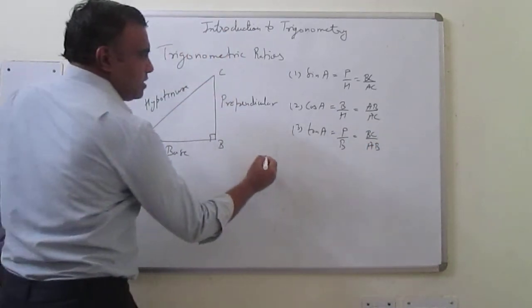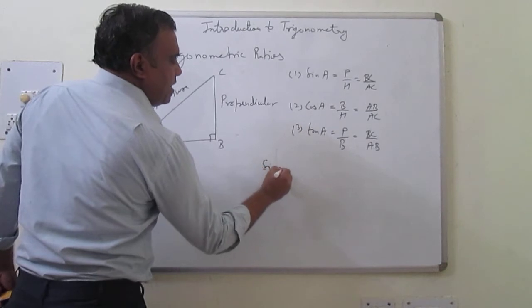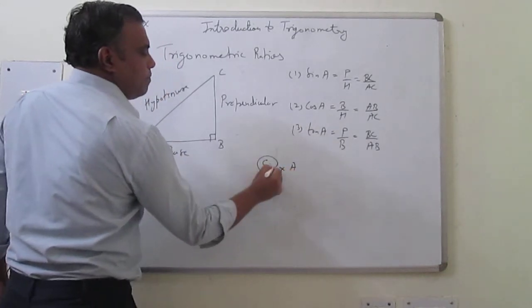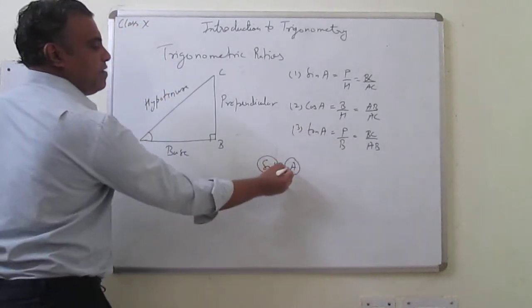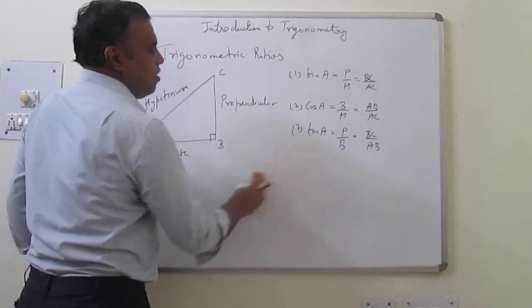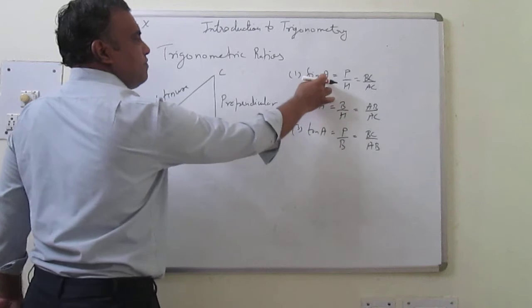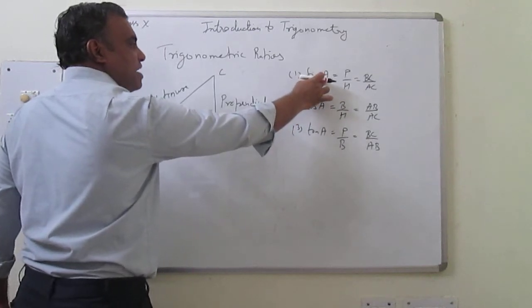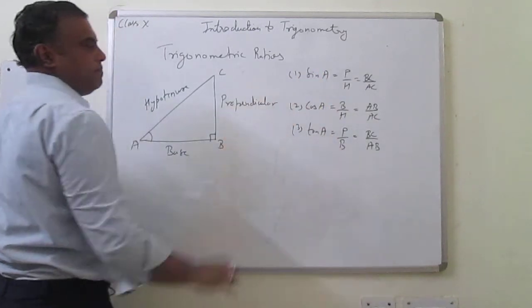You don't write sin A into A. Don't. Product of sine with angle is not applicable. The meaning of angle A is with sine. Here we have to find the value of sin A, cos A, tan A.